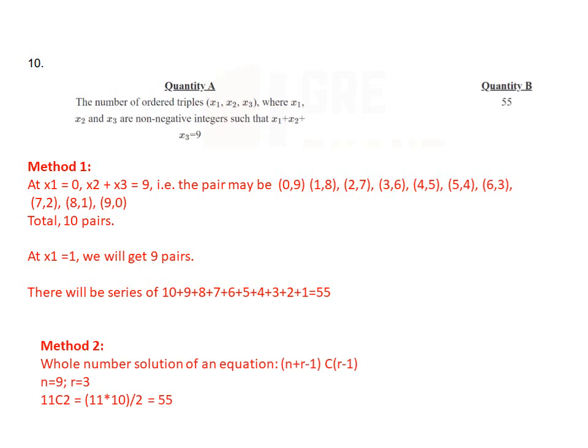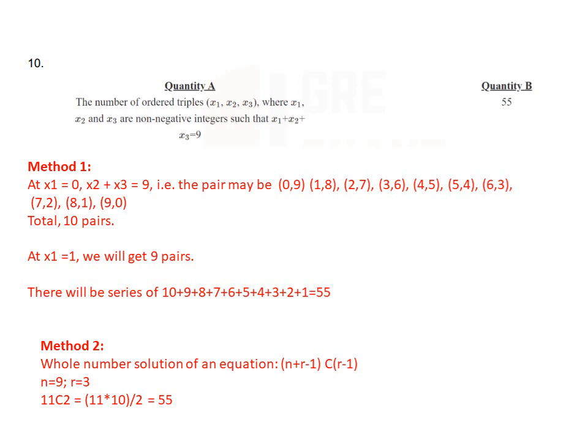We can use another method. The number of whole number solutions of an equation is given by n plus r minus 1 choose r minus 1. So n equals 9, that's the total of the summation, and r equals 3, that is the ordered triples.